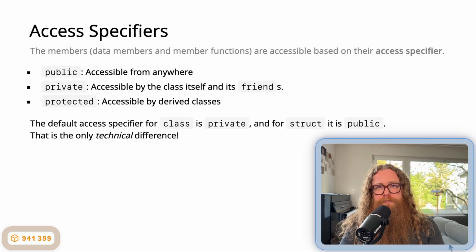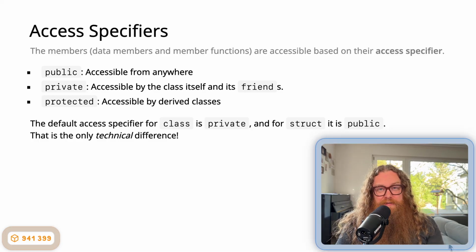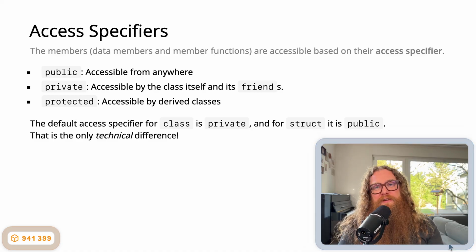So let's dive in. The access specifiers control the access, right? There are three keywords. The access specifier public declares the things that follow as accessible from anywhere. Everything in the private section is accessible only by the class itself and its friends.